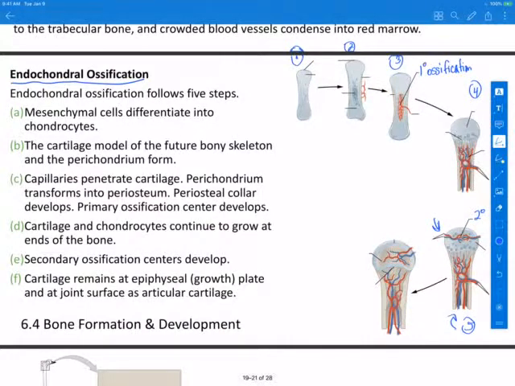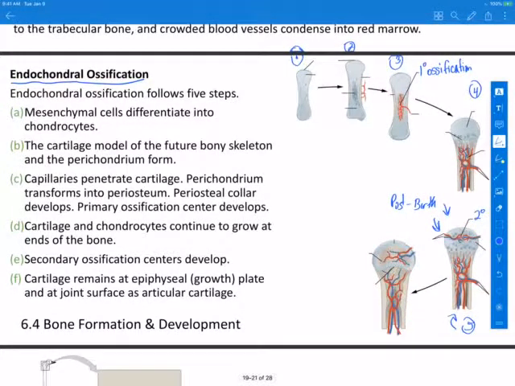This dark gray area here is uncalcified matrix, and then this is our original nutrient artery and vein. And what's happening is the secondary ossification center is forming. And so this is a second center for laying down bone, and this actually happens after birth. So this is post-birth where this is occurring.